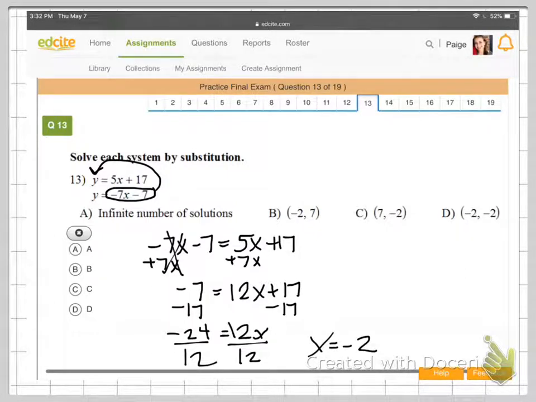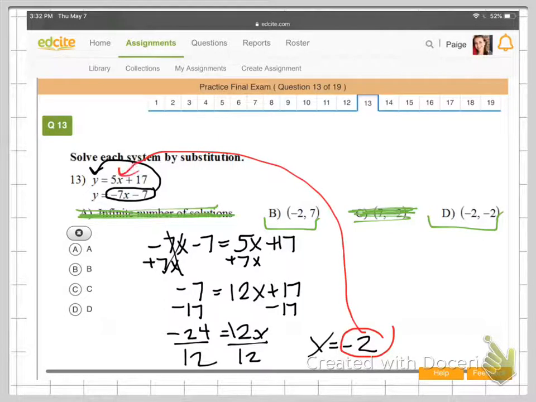Okay, so when you're doing these problems, once you find x, look at your answers. Notice that the infinite number of solutions, that's when you get 0 equals 0, so that's not an option. B has a negative 2x. C has a 7x, so we're going to cancel that out. So we're between B and D. So now we need to plug that negative 2 back in to find our y.